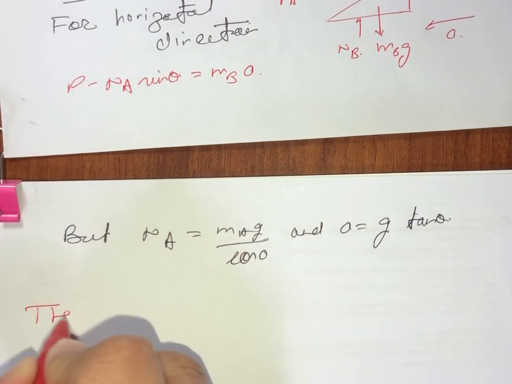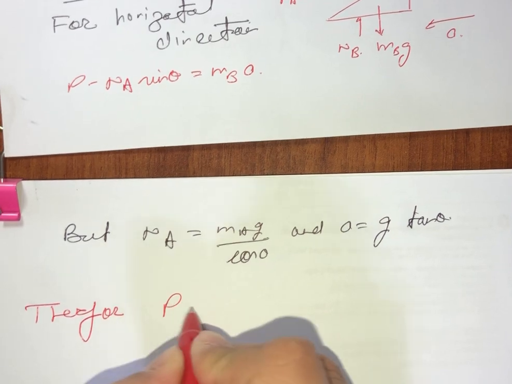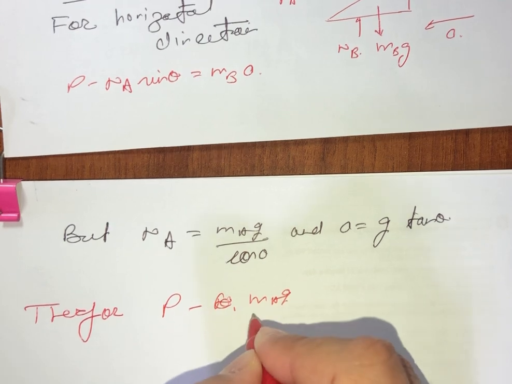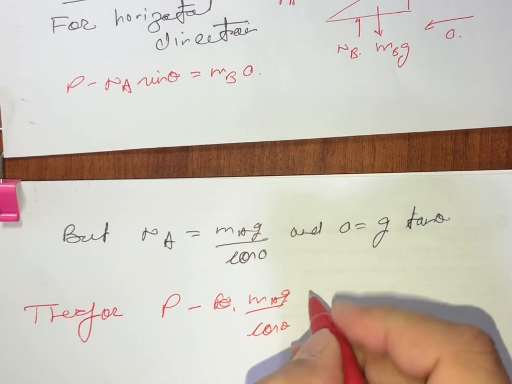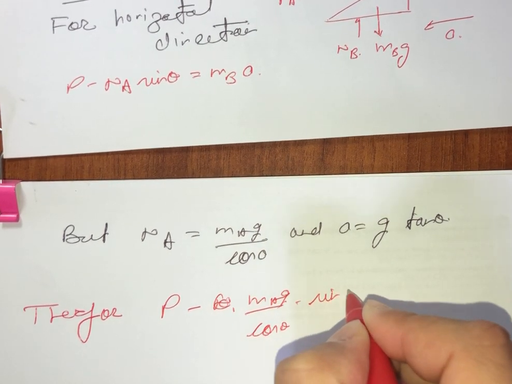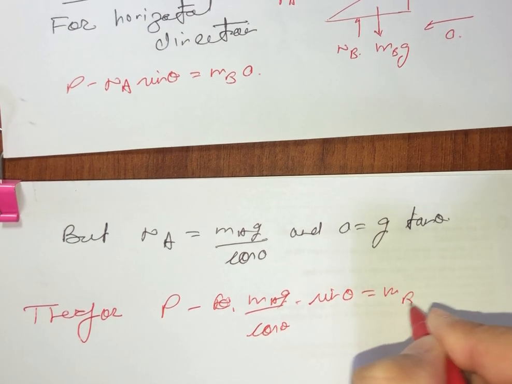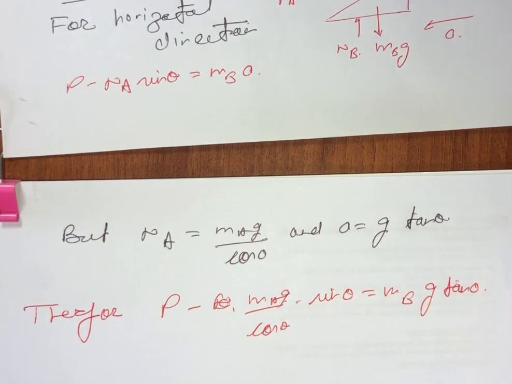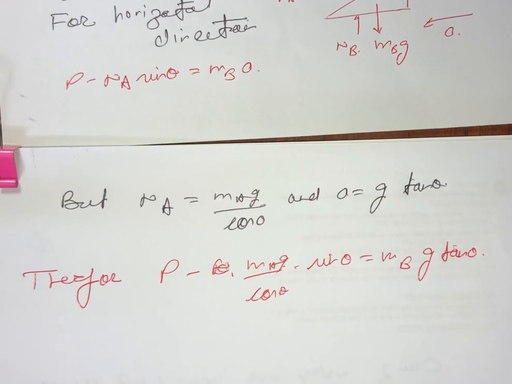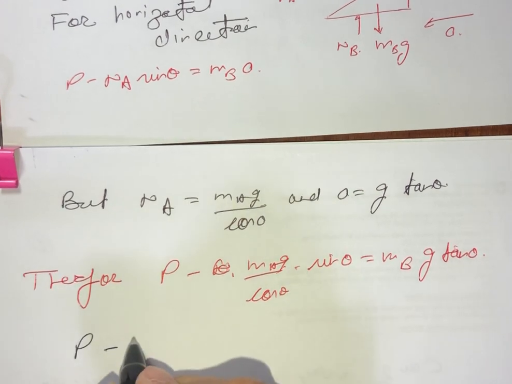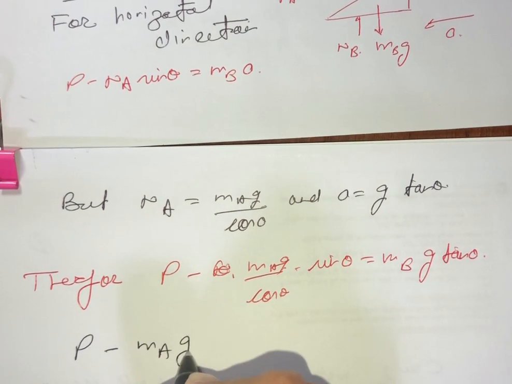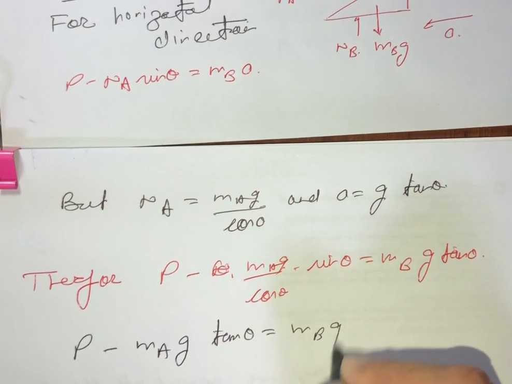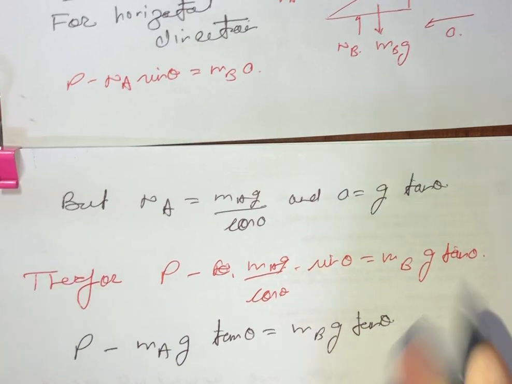Therefore P minus MAG divided by cos of theta multiplied by sin of theta is equal to MB G tangent of theta. So this becomes P minus MAG tan of theta is equal to MBG tangent of theta.